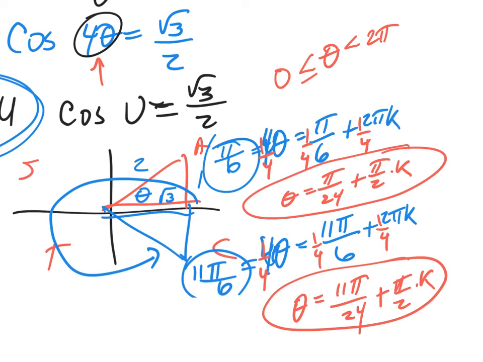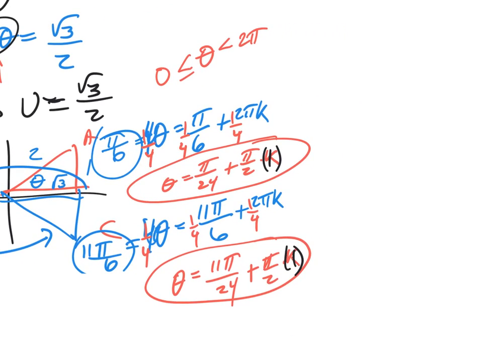And to find more answers, I would just go and put in, and I'm not going to finish this one just because that's a lot more answers I'd have to find. But I'm just going to show you how to do one more answer. If I put in a k equals 0 would just make the pi over 2 disappear, and I'd have pi over 24. But if I put in a 1 for k, that'll give me this one more of my total of 8 answers.